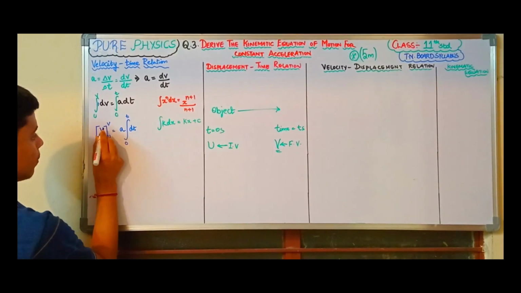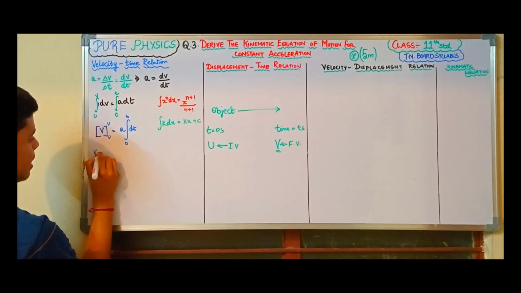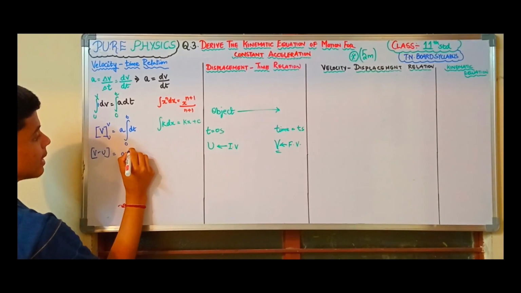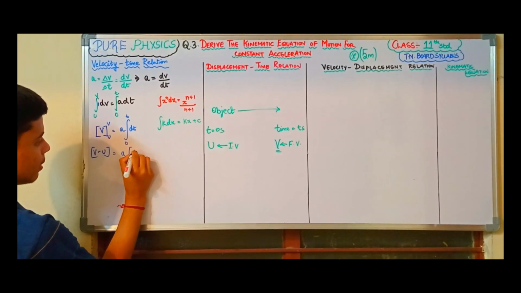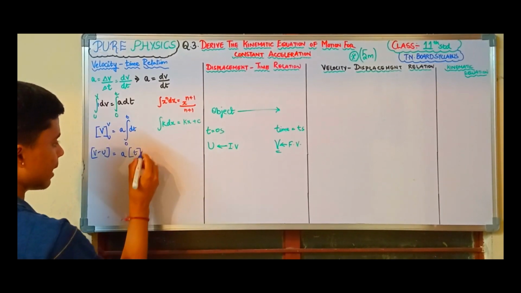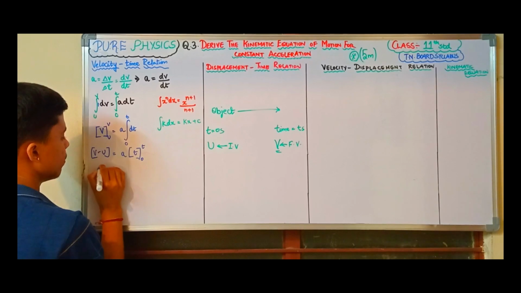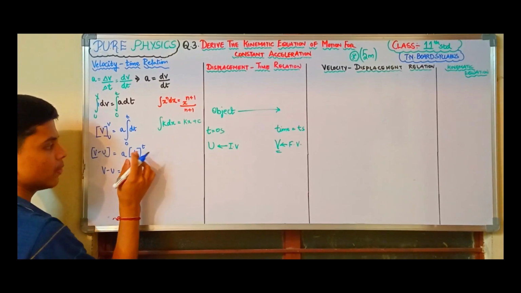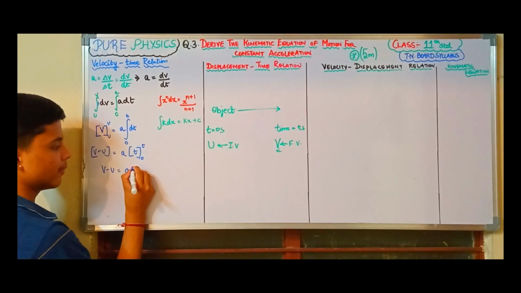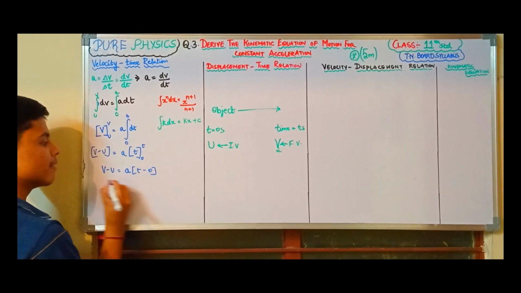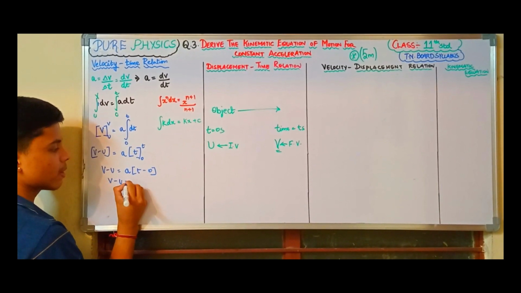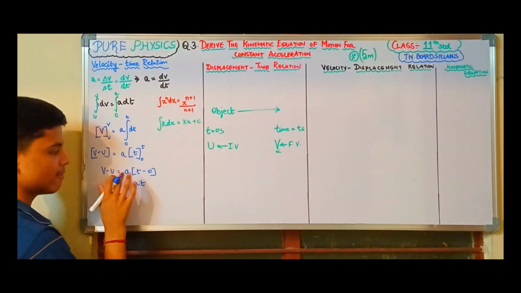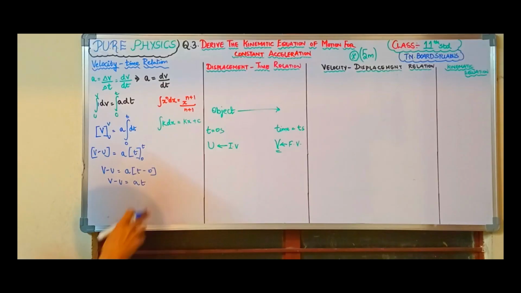So now you apply the limits. v minus u is equal to a times the integration of dt, which is t, enclosed in a bracket with the limits 0 to t. Applying the limits for t, you get t minus 0, so v minus u is equal to a into t, because t minus 0 is t, and when you multiply a with t you get at.